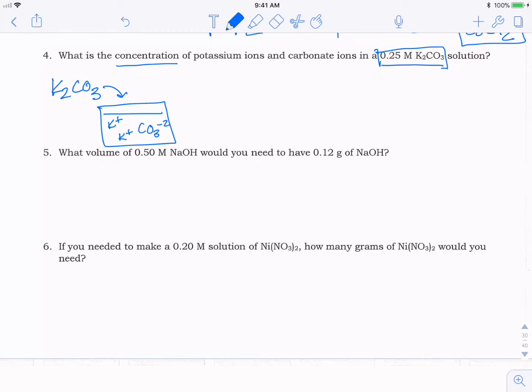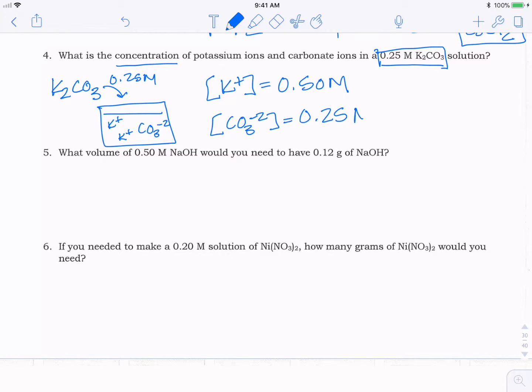However, if you throw it down in the water, you have 2 potassiums for every 1 molecule. So you get 0.50, not 0.25. There's only 1 carbonate that falls down in there, so you can just leave that 0.25 molar.